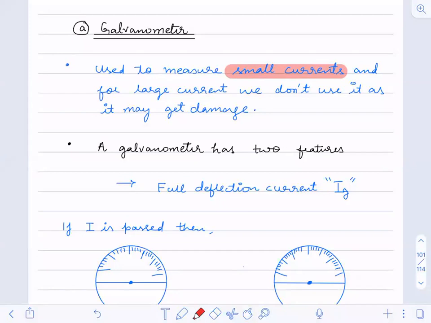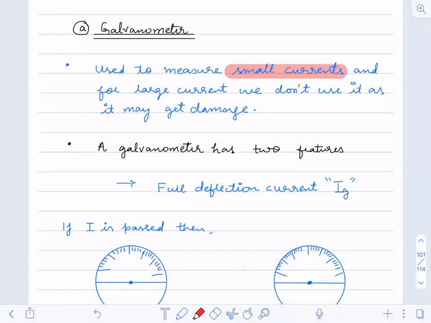For large current we don't use it because that coil may burst. There will be burning due to excessive heating. So that's why we are not using this galvanometer for a large value of current. We'll only use it for small values of current.